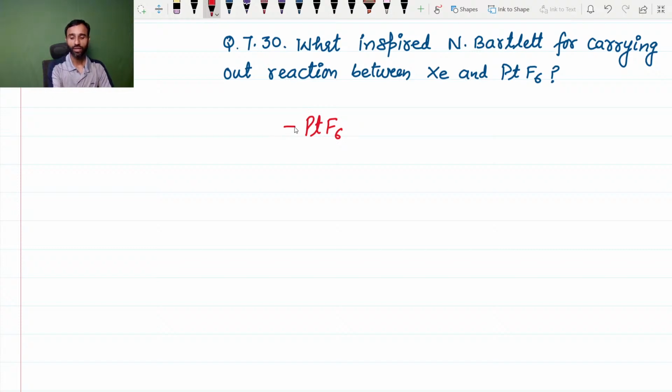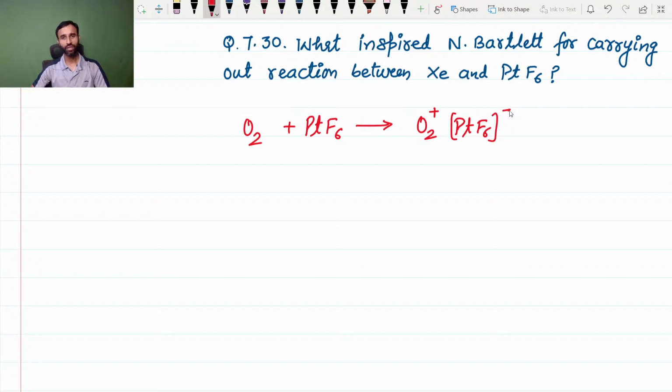When he investigated the compound, that compound formed is O2 positive, PtF6 negative. It is a red colored solid.